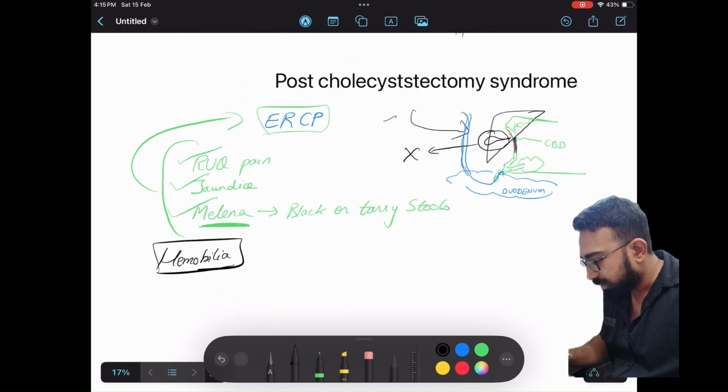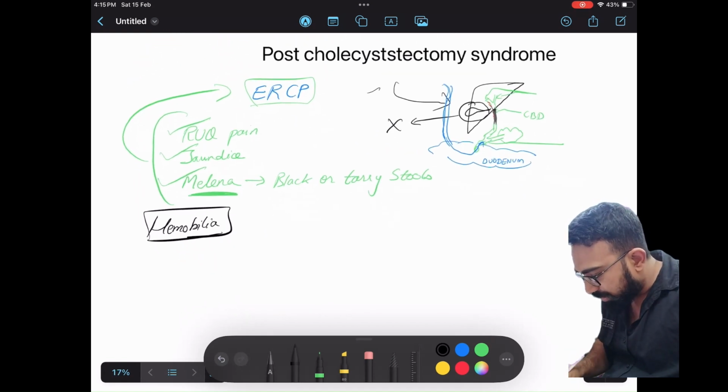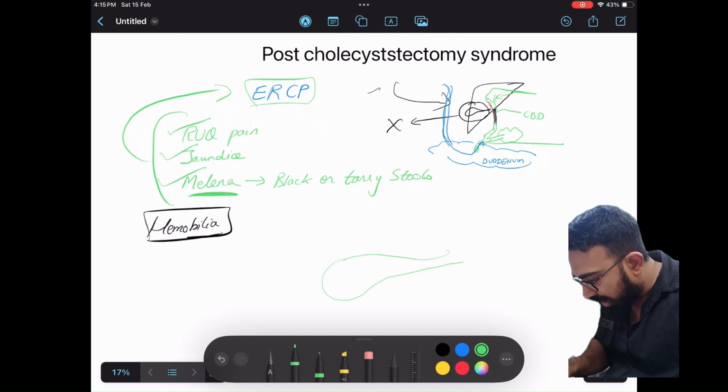What happens at the time of ERCP? If this is the gallbladder, these are the ducts, this is the common duct.